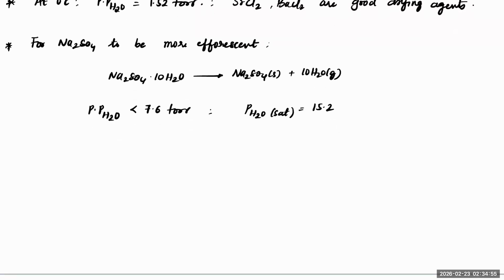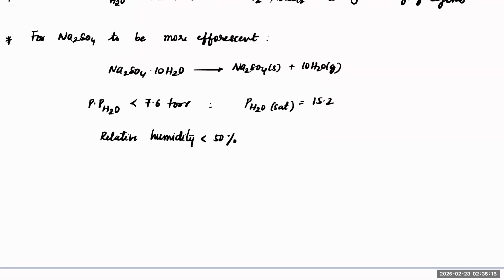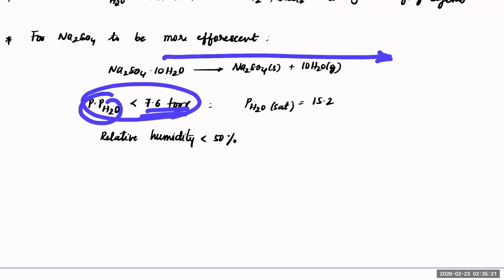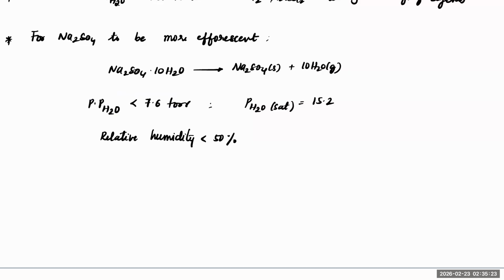So in that case, I can say if the partial pressure of H2O is less than 7.6 torr, which means relative humidity will be less than 50%. Then we say because the partial pressure of H2O is less than 7.6 torr, the reaction will go more in the forward direction.